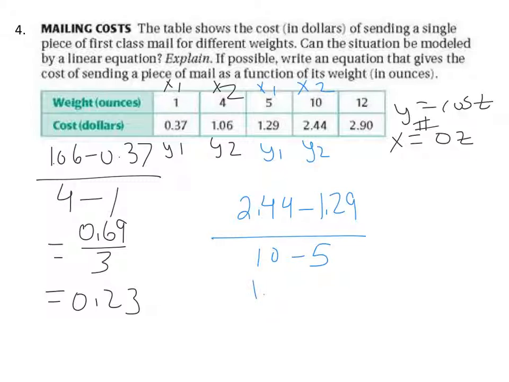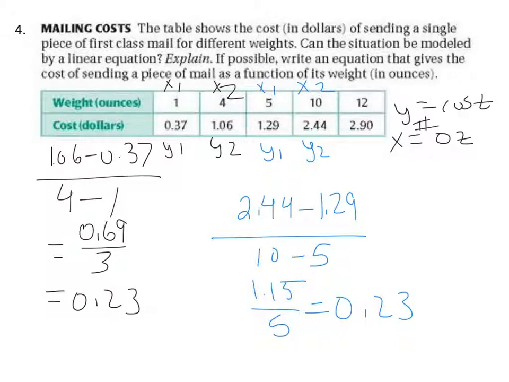So I get 1.15 over 5, which is 0.23. So do they have the same slope? Yes. So when they have the same slope, that means we can model it with a linear equation.